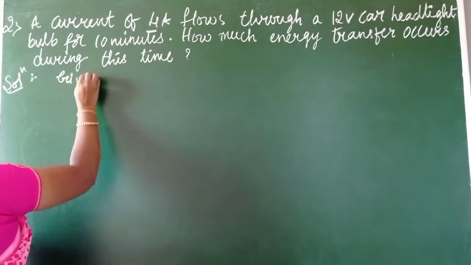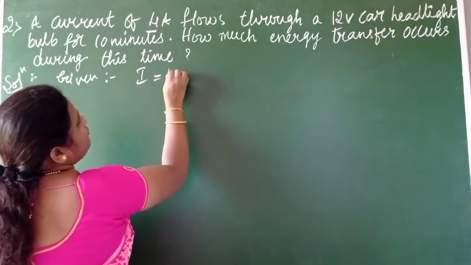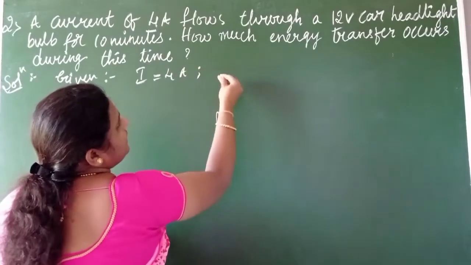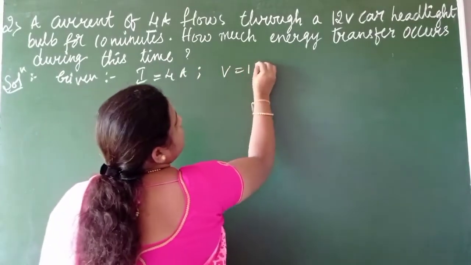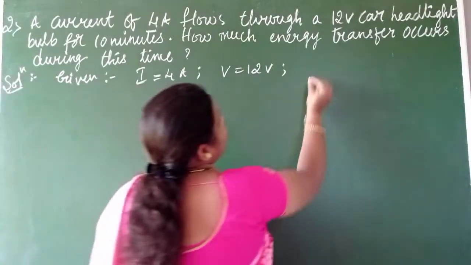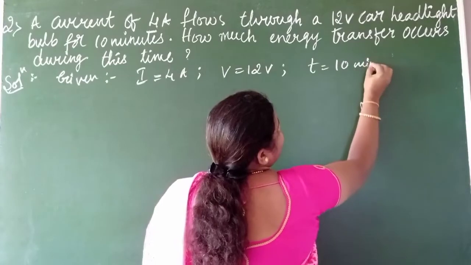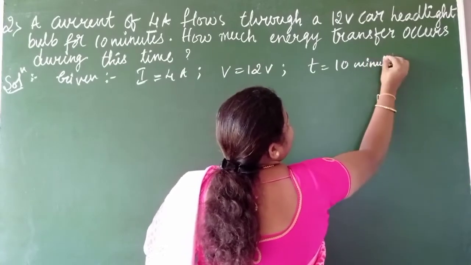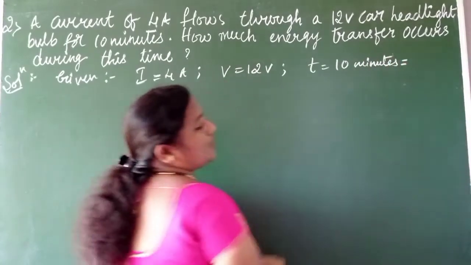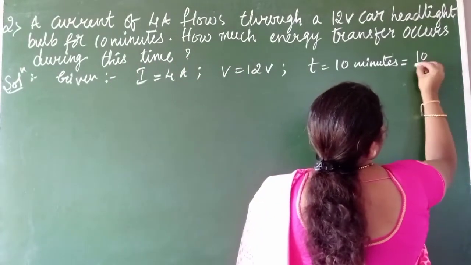That is, given current I is equal to 4 amperes, voltage V is equal to 12 volts, and time is equal to 10 minutes, which is equal to 10 divided by 60 hours, isn't it, children?